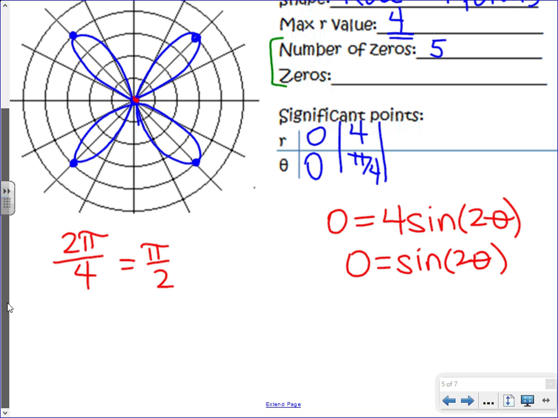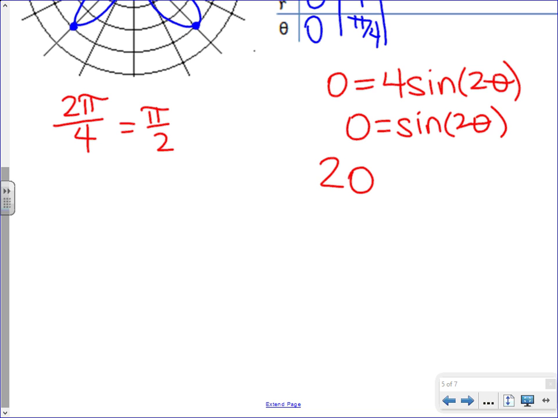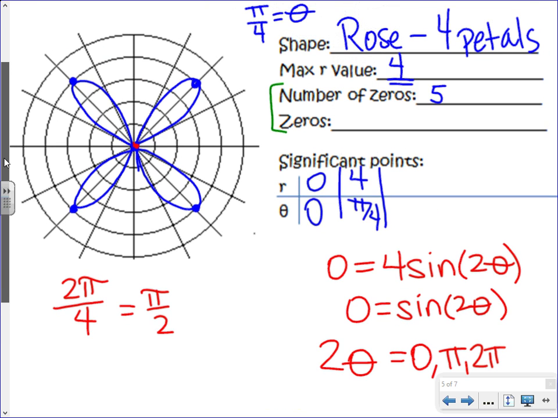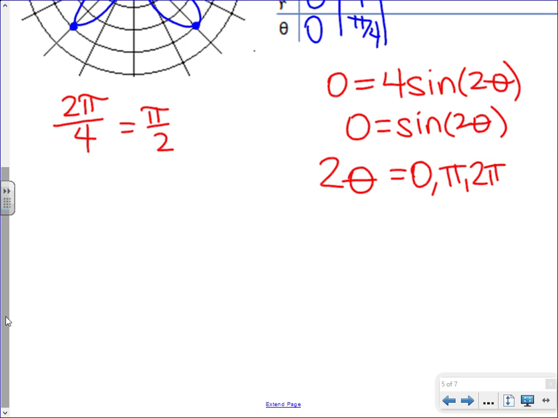We need to list places where sine is 0. So our angle, 2 theta, equals, where is the sine 0? 0 and pi and 2 pi. How many zeros do we have? 5. We better list 5 numbers.